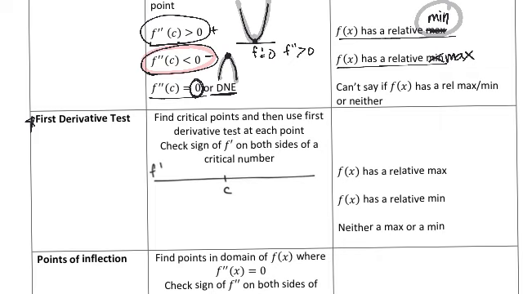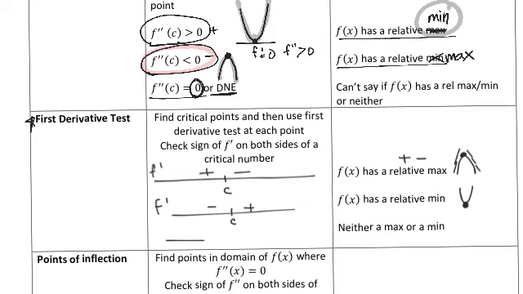So if you come here and you figure out that the sign of f prime on this side is positive and this side is negative, so the sign changed at that critical point and went from positive to negative, then you must be at a relative max, because slopes went from positive to negative, right? If f prime goes from negative to positive, then you must be at a relative min.